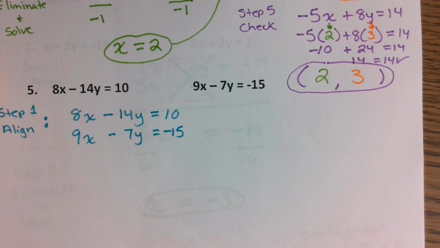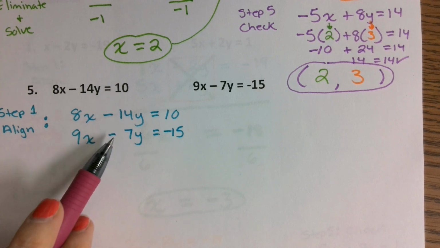Okay, like I said before, when I'm having to create a zero pair, it doesn't matter which one I choose. However, in this situation, there's a glaringly obvious one that I should go with. Which variable do you think I should go with, the x or the y? The y, because your common multiple is 14.